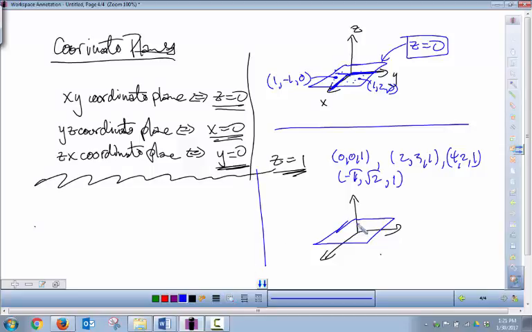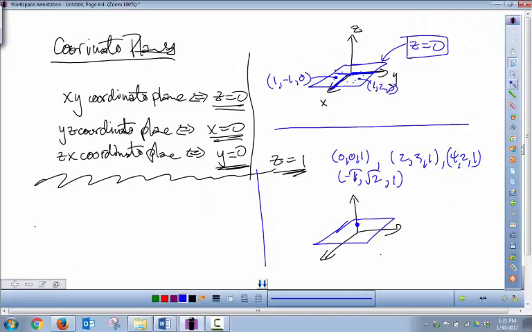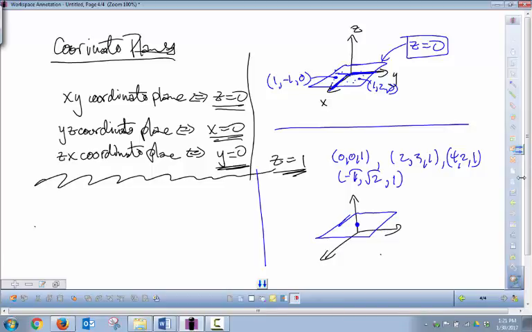So to make it look like it moved up 1 unit, maybe you can just make a little mark over there saying it moved up 1 unit. So that z is equal to 1.